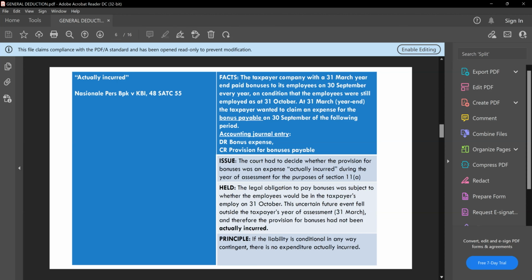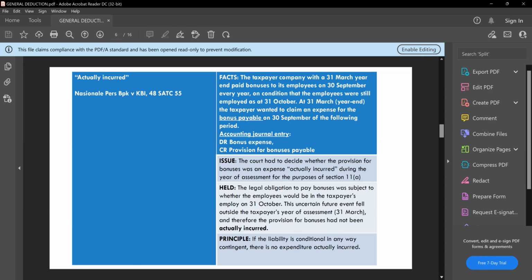So now the year end is 31 March. Bonuses are paid on the 30th of September each year, on condition that the employees were still employed as at 31 October.